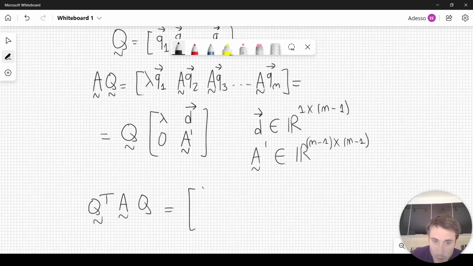So this will be equal to lambda, D, 0, A prime, like this.